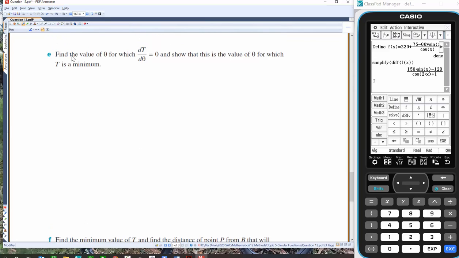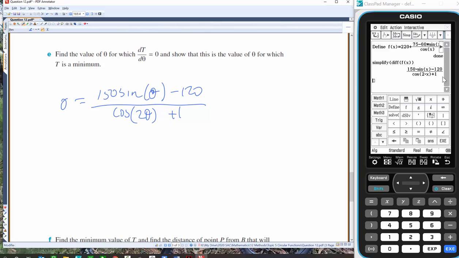Find the value of θ for which dT/dθ is equal to 0 and show that this is the value of θ for which T is a minimum. Okay, so we're going to go 0 equals 150 sine θ, take 120 over cosine 2θ plus 1.